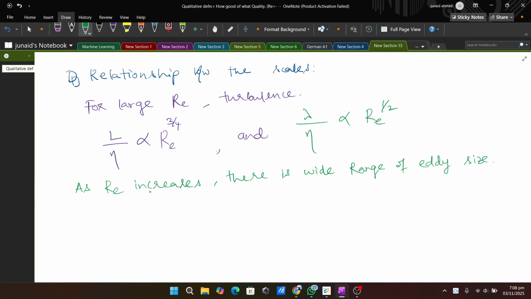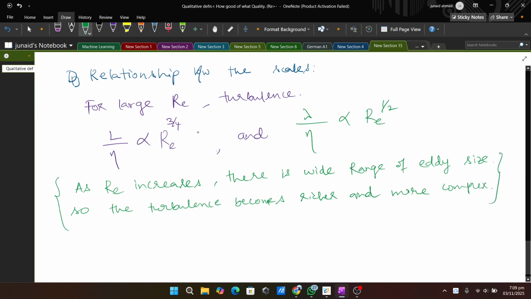So the turbulence becomes richer and more complex. Okay, so from here you can see that if the value of Re increases, we get a wide range of eddy sizes. So the turbulence will become richer and more complex.